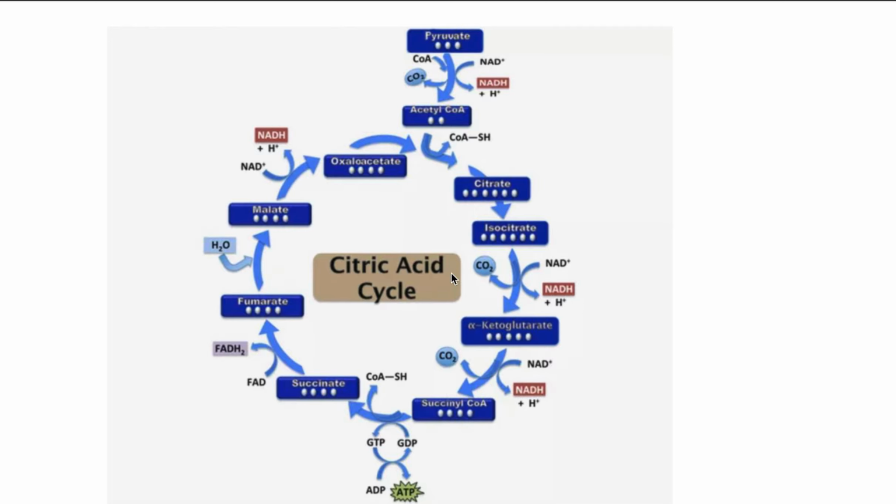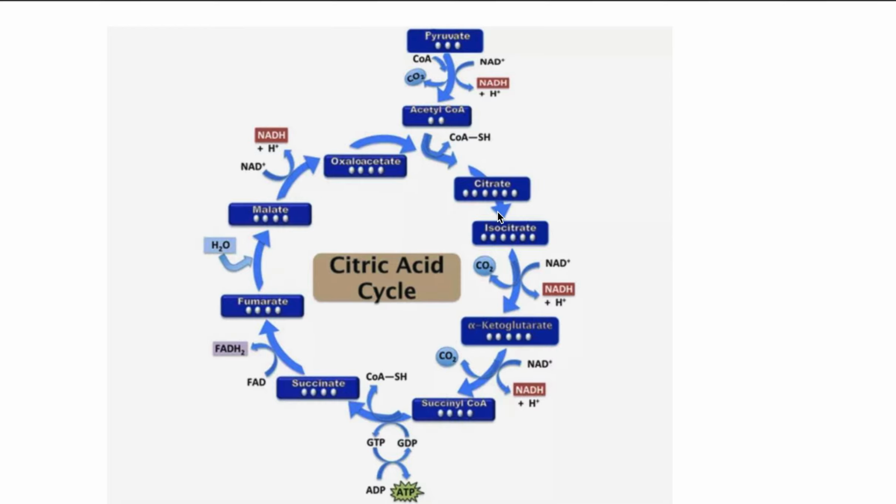Okay, here is the citric acid cycle. What is important here is that we don't worry about the mass here. We can just remember that it starts with a 3 carbon compound, which after the removal of one carbon as CO2, gives us a 2 carbon molecule called acetyl coenzyme A. This joins with 4 carbon oxaloacetate to form, again, 2 and 4 make 6 carbon citrate.